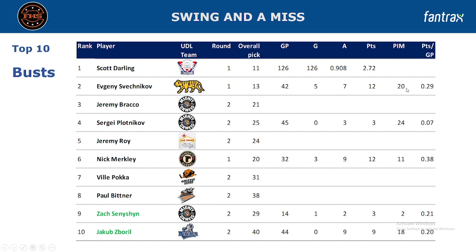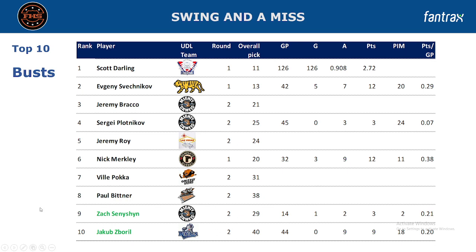Evgeny Svechnikov was also quite a miss by the Tigers, and then here we have 3 appearances by the Mighty Camels. So Clint wasn't exactly hitting it out of the park in this draft.